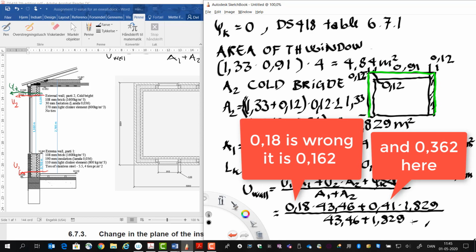And that gives a final U value of 0.189, and we round it up to 0.19 because in the building regulation we only have 2 decimals, and that is in watt per square meter Kelvin.